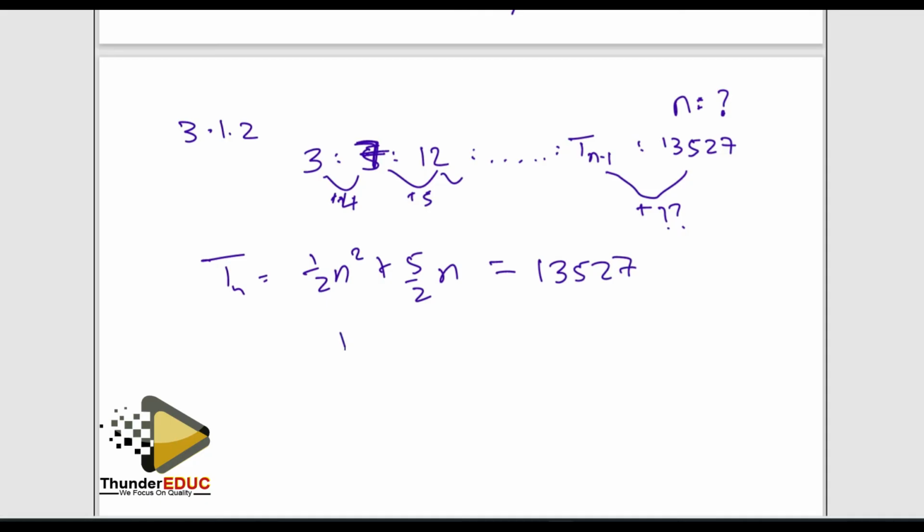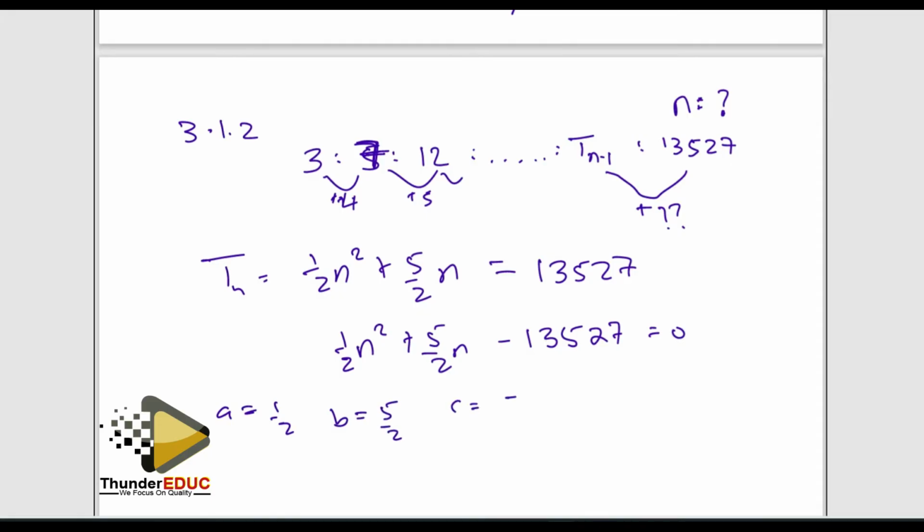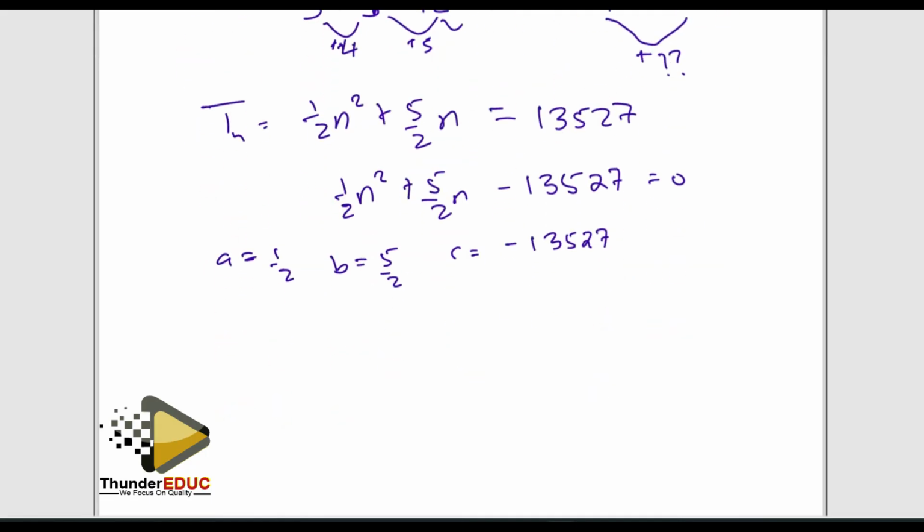This is a quadratic, so a half n squared plus 5 over 2n minus 13527 is equal to 0. Using the quadratic formula, a is a half, b is 5 over 2, c is negative 13527. I will call this the longer approach.